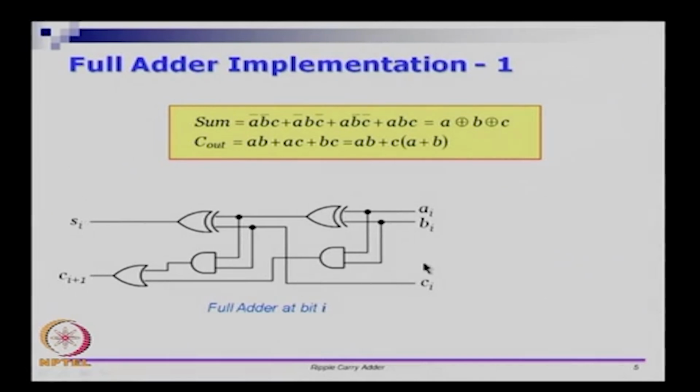And if you look at this full adder, I have used the suffix i: AI, BI, CI, which results in SI and CI plus 1. So, this SI and CI plus 1 are supposed to be in the intermediate stages. So, we have stages. At the ith stage we take the inputs AI and BI, take the carry CI, and the result should be sum SI and carry CI plus 1.